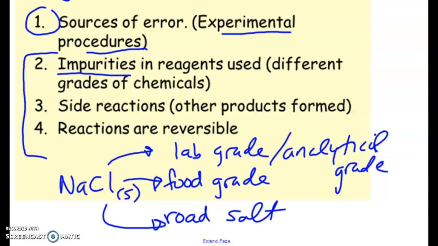So let's look this value up. Salt purity in road salt.